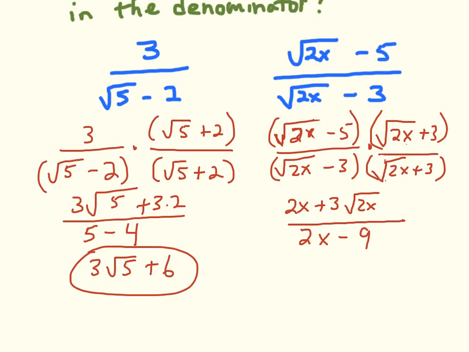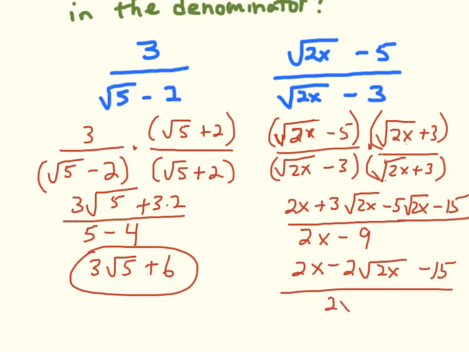And then I've got negative 5 times root 2x, so that's minus 5 root 2x, and then I've got negative 5 times 3, so that'll be minus 15. So I do have some like terms together right here, so I'm going to end up with 2x minus 2 root 2x minus 15 over 2x minus 9.